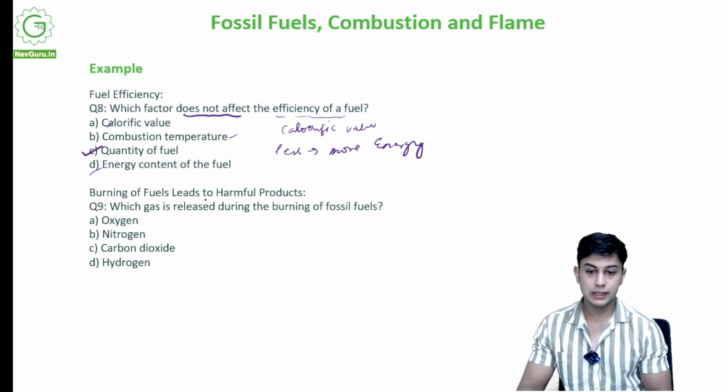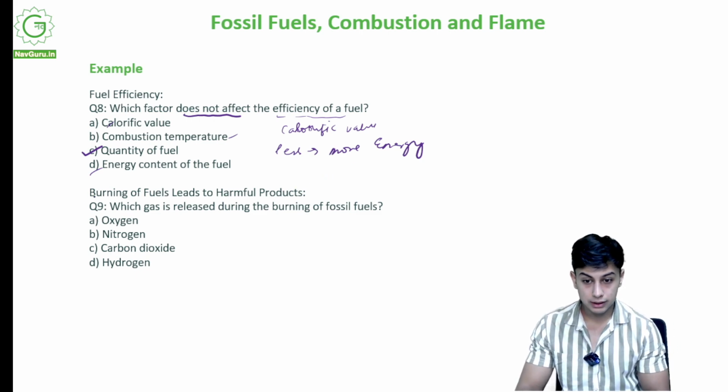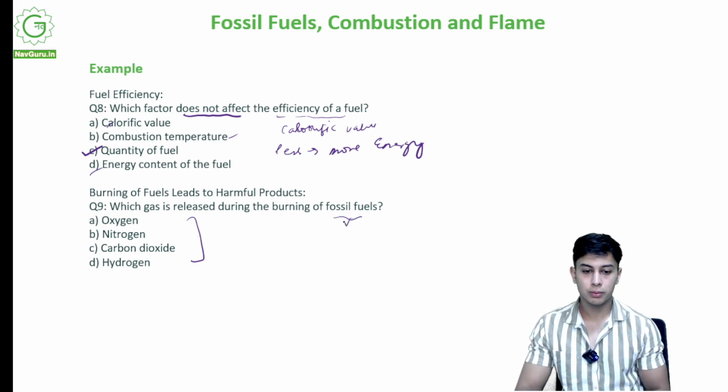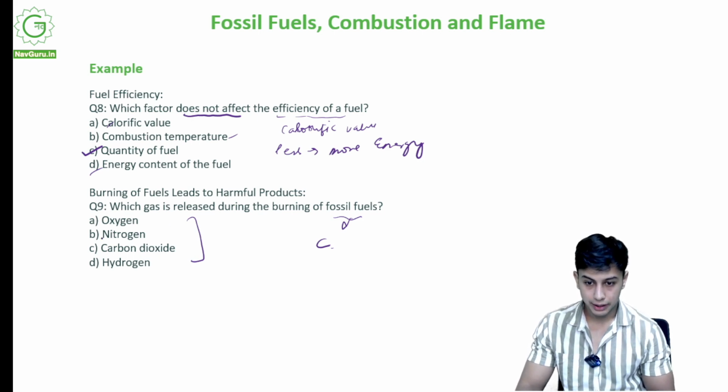Burning of fuels leads to harmful products. Which gas is released during the burning of fossil fuels? Amongst all these, which one is released? So fossil fuels are form of carbon. When I burn it, which gas would be released? Oxygen, nitrogen, carbon dioxide, hydrogen.